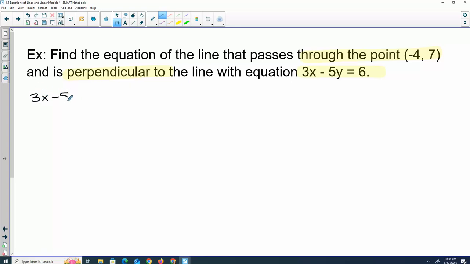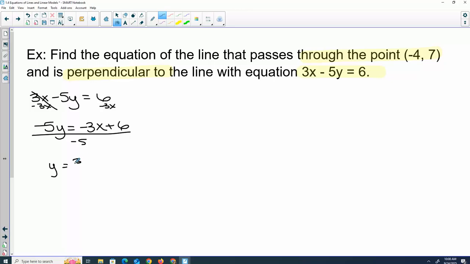You have to get y equals mx plus b form. So subtract over your 3x. Divide everything by -5. So you get a positive 3/5 x minus 6/5.